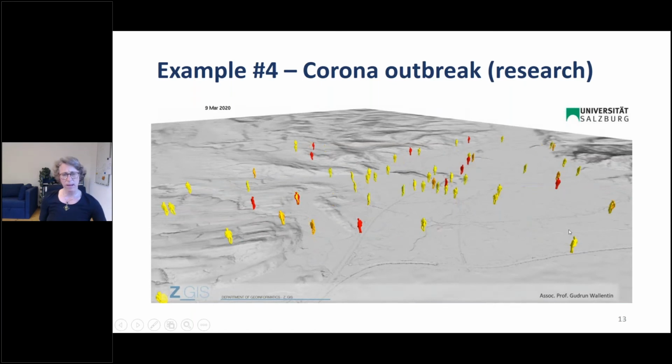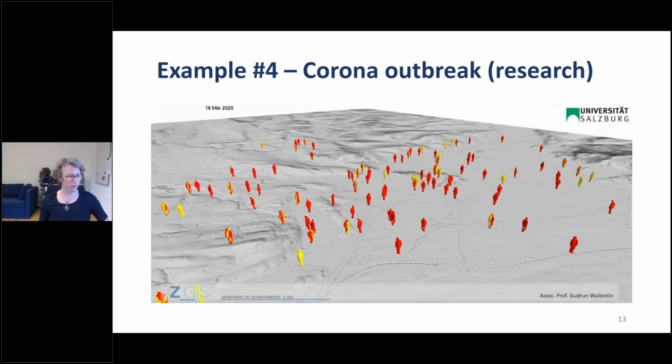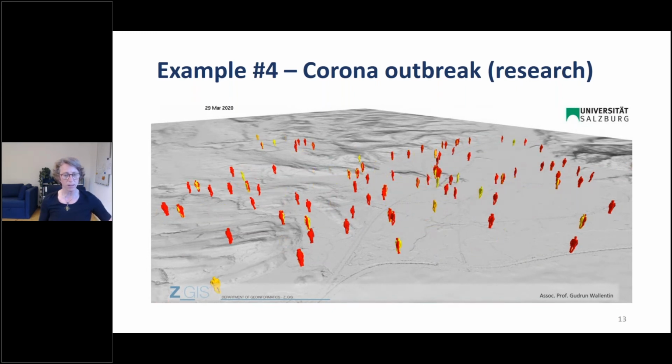And I think that's the last example now. That's from the latest model from my own research. It is a model about the corona outbreak. So you can see here the red persons being infected, isolating themselves, and the yellow ones moving around, and the orange ones are the ones that are not yet in isolation and carry the virus.